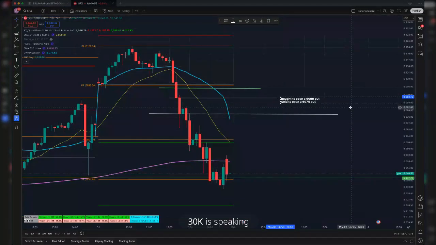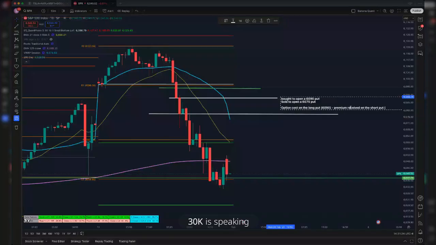The way that pricing would work is you pay the option cost on the long put, which is the 6090, minus premium received on the short put, which would be 6075.